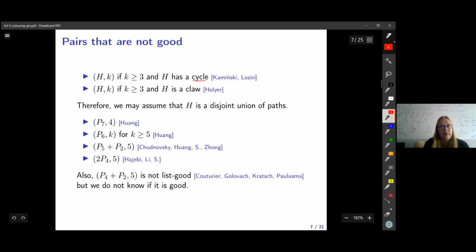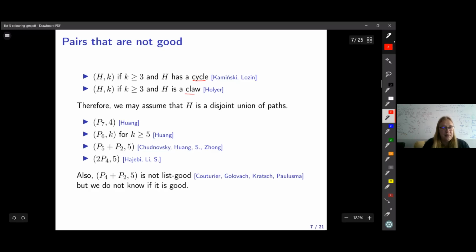If H does not have a cycle and does not have a claw, then H is a linear forest, a disjoint union of paths, which means people care about that case, and in particular, they looked at paths themselves as the first thing. And still for paths, there are many bounds immediately to what could be possible.